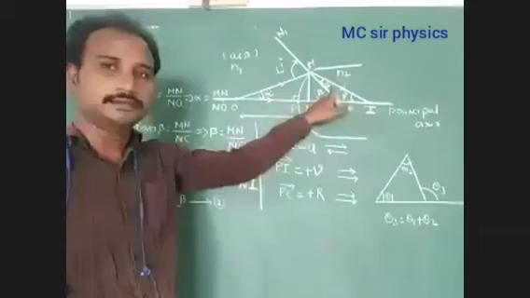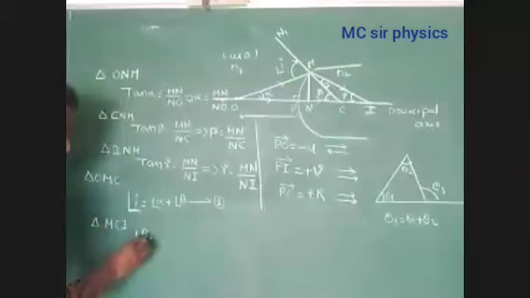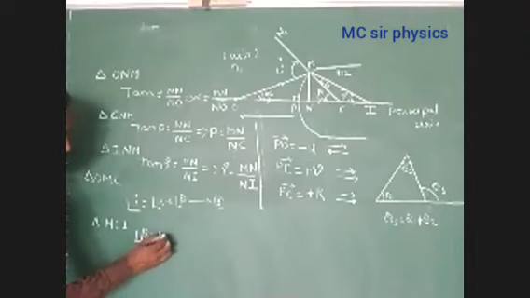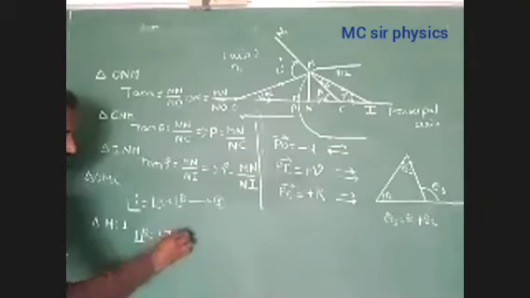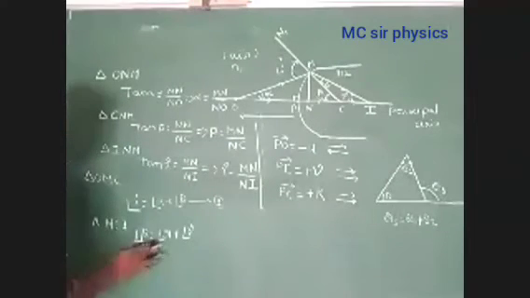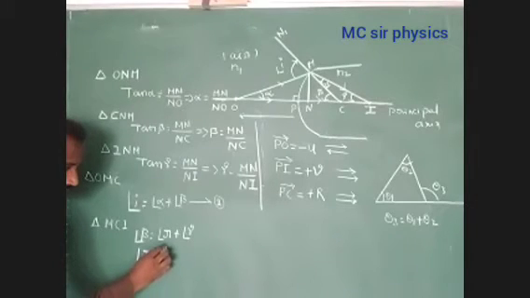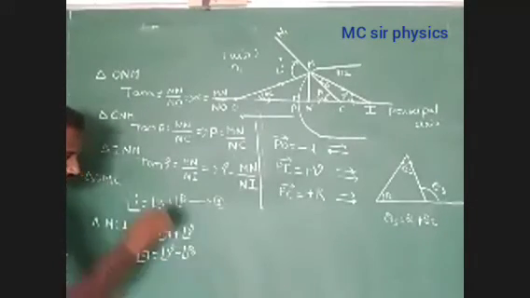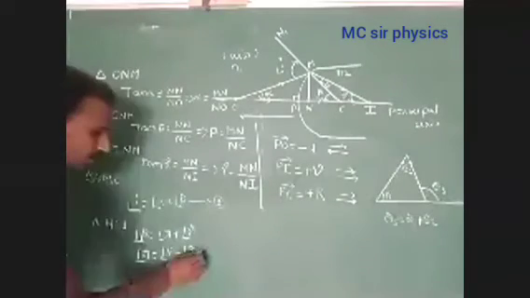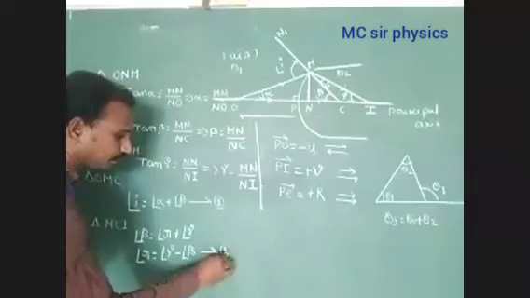Angle R and angle gamma. So angle beta equals angle R plus angle gamma. But we want to find angle R, so angle R equals angle gamma minus angle beta. It represents equation number 3.